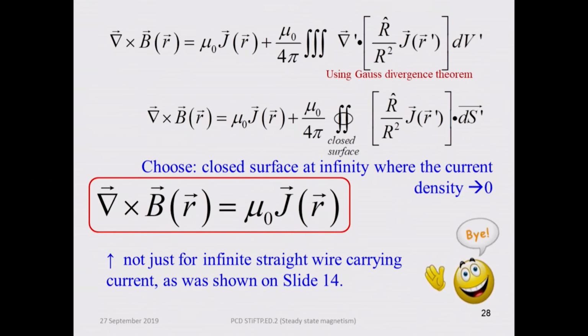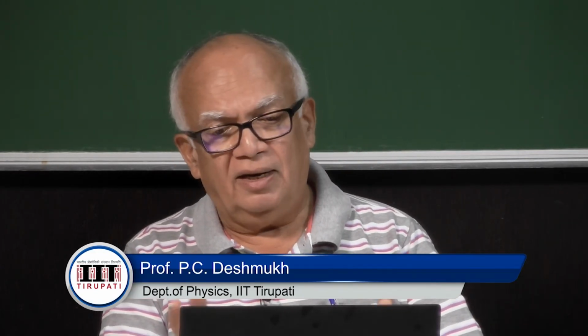It has a non-vanishing curl which is equal to the current density vector J times the permeability of free space. It will of course be 0 if the current density vector itself is 0, so it is not that it is always non-zero. This holds not just for an infinite wire, but for a current flowing in any which way.